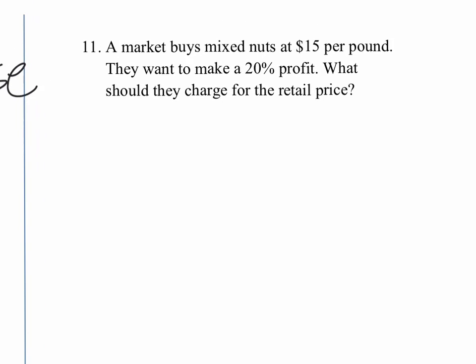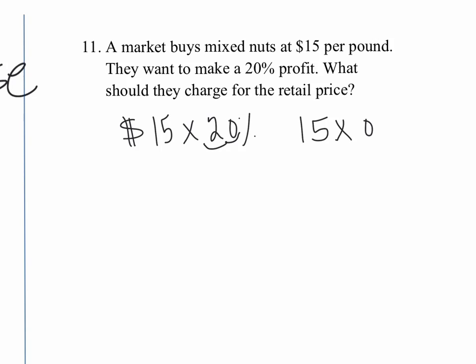So you take your $15 and multiply by the 20%. 15 times, move it over twice, times 2/10. 15 times 2/10. 15 times 2 is 30.